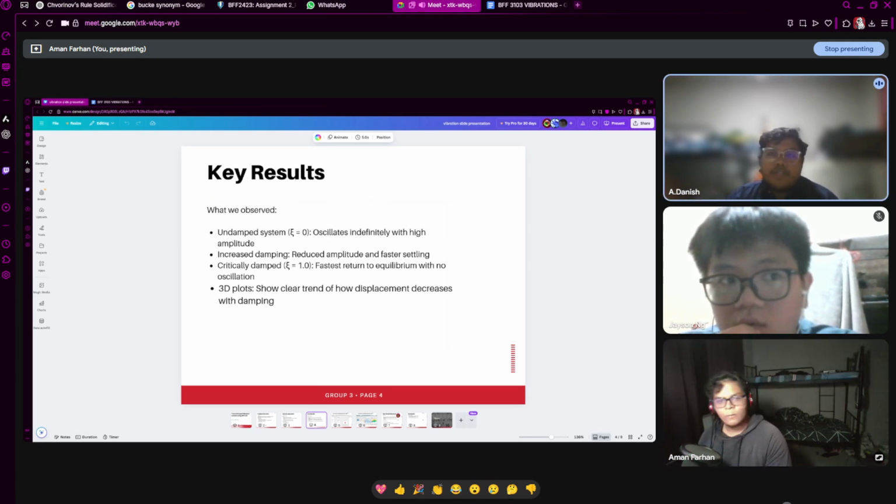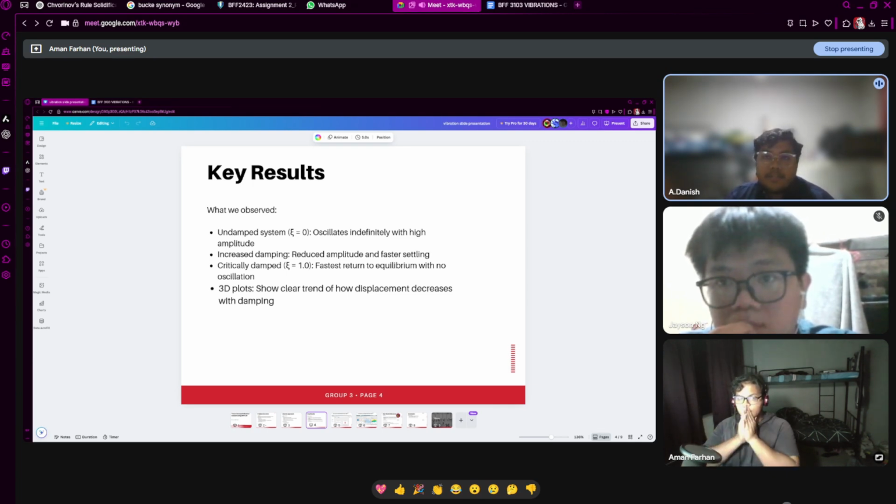For the key results, firstly, we observe the behavior of the system under various damping ratios. In the undamped case, the system oscillates indefinitely with high amplitude. This means that without any damping, the system keeps oscillating and does not settle to equilibrium, which is unrealistic in most practical situations.